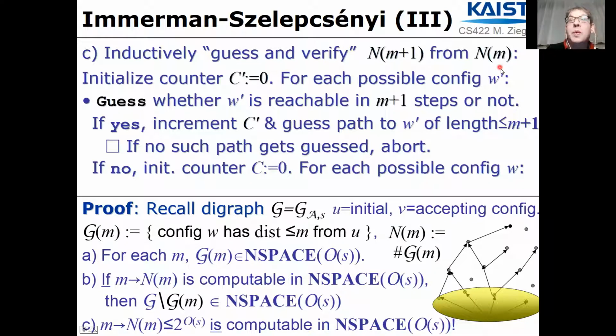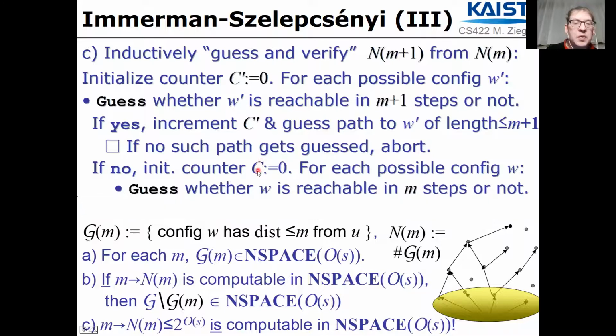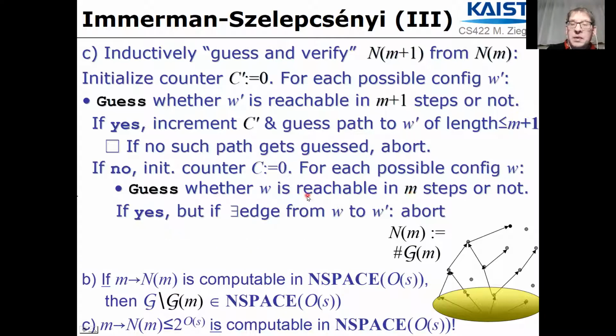And which vertices are reachable in m steps and which ones are not, this is what we can already do according to the technique of item B, and that's what we do here. For every guess for every vertex where it's reachable within m steps, if the guess says it is reachable, then we verify that from this vertex there is no single edge to the new vertex. And then we verify that our guess, which can be done deterministically. This is something I should emphasize.